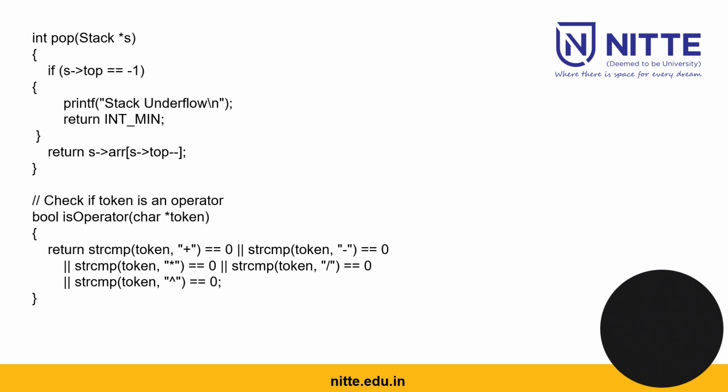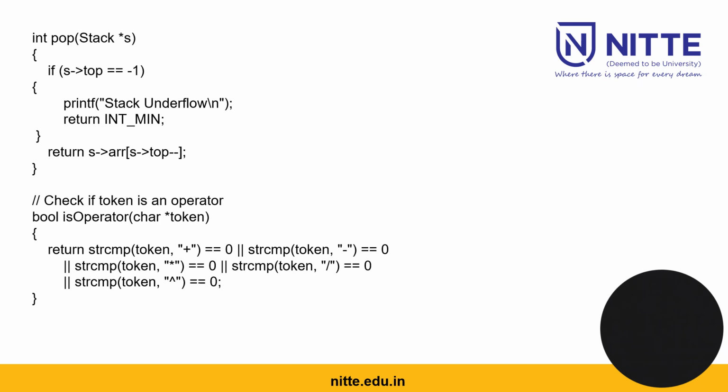So then it will become array of s->top--. So it will decrement, then it will remove the element from that place, and then it will return it. Okay, so this is how it will remove an element from the stack. So this is about push and pop: how we are going to push and how we are going to pop elements from the stack.